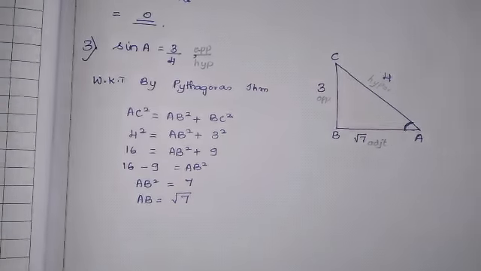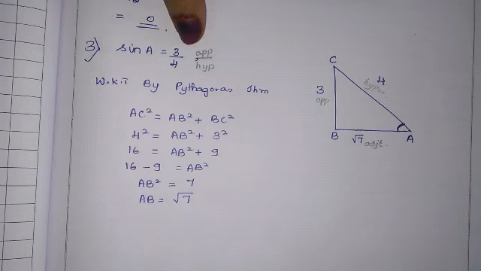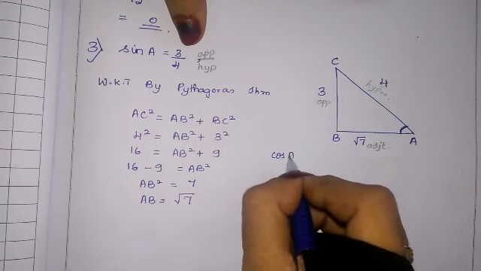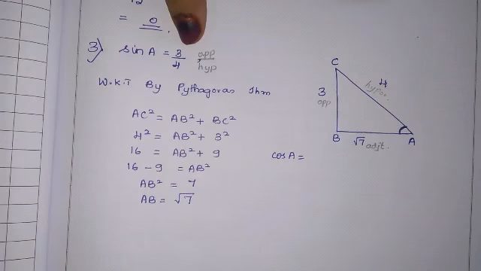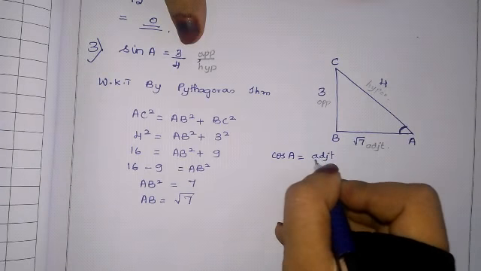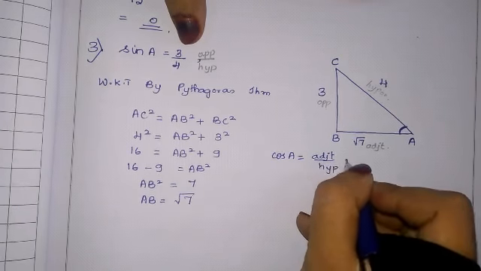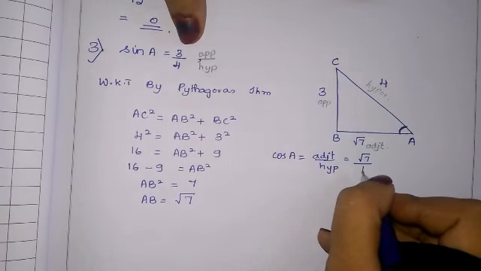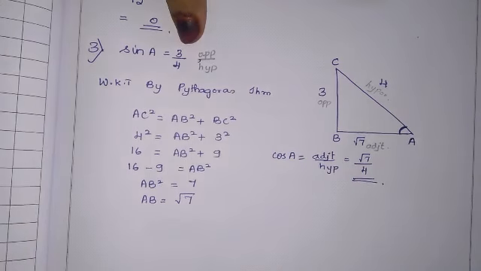What have they told us to find now? Find cos A and tan A. Okay. Cos A. Cos value is adjacent upon hypotenuse. Adjacent is root 7 upon 4. This is the cos value.